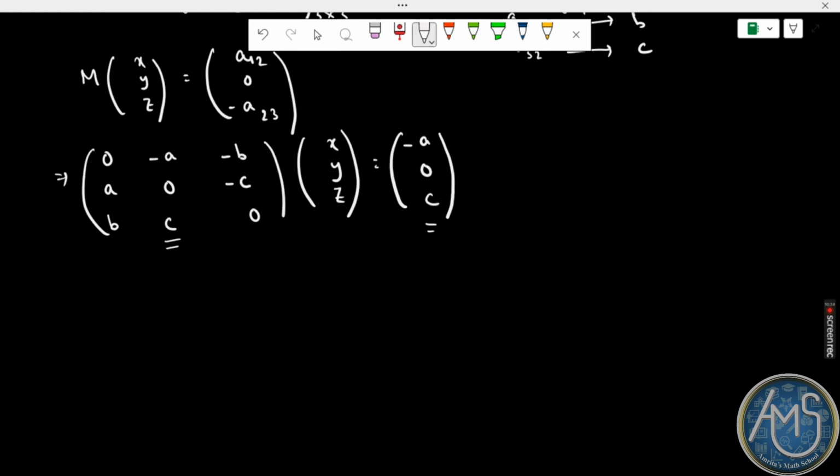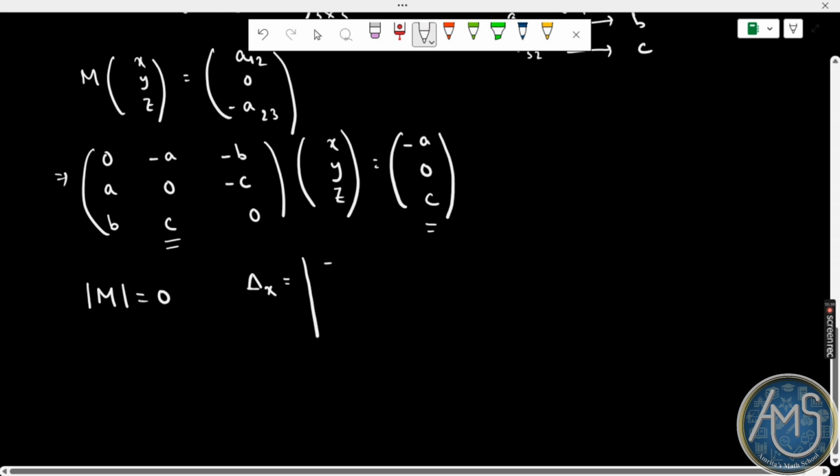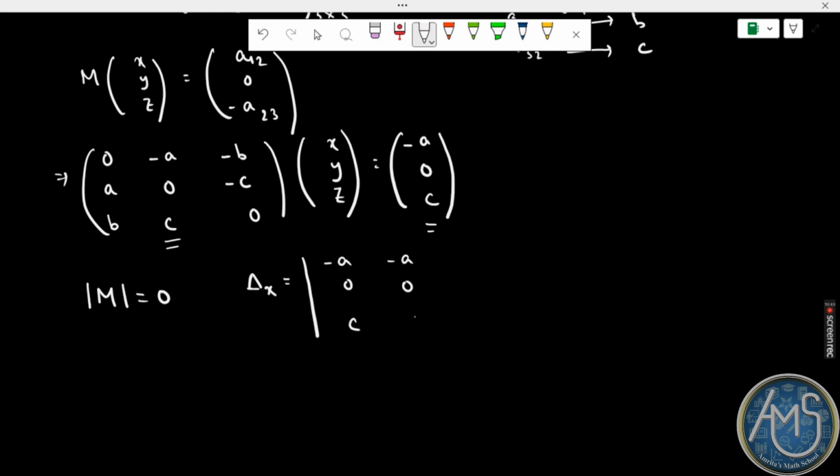So determinant of M is 0 because it is an odd ordered skew symmetric matrix. If I want to find del X, that means determinant of minus A, 0, C; minus A, 0, C; minus B, minus C, 0. Two columns are the same, so it is 0.